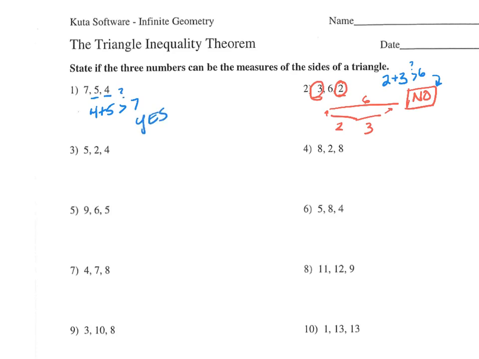Yes. This is number 4. 2 and then 8 and 8 are both the next smallest. 2 plus 8, is that greater than 8? Yes. So that's what you're looking for. The 2 smallest numbers have to be bigger than the third number for it to be a triangle.